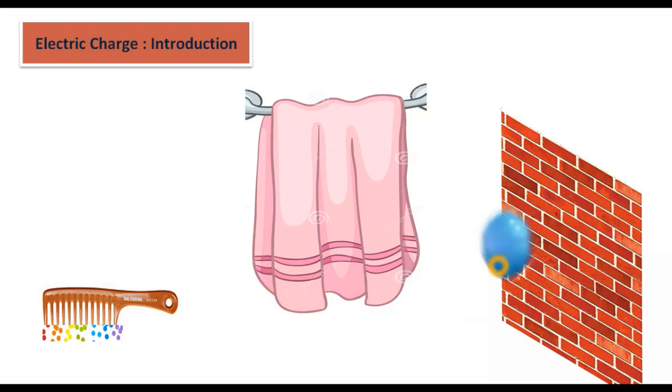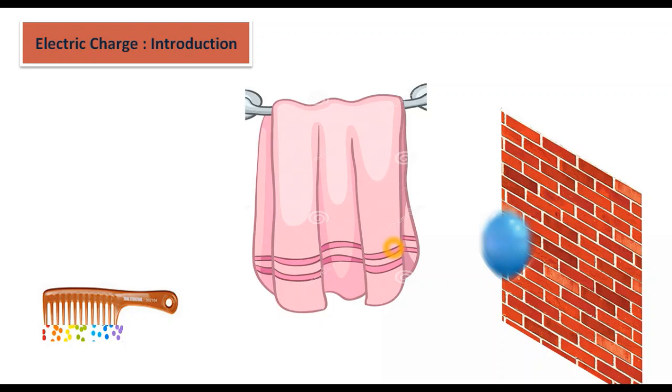What will happen as soon as the balloon comes near the wall? The balloon tends to stick to the wall. You can also rub the balloon on a towel, it's not necessary to use hair. You rub it on the towel and then take it near the wall, and you will see that the balloon again sticks to the wall.